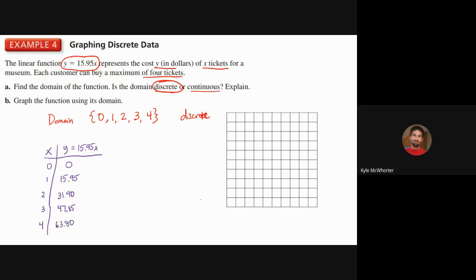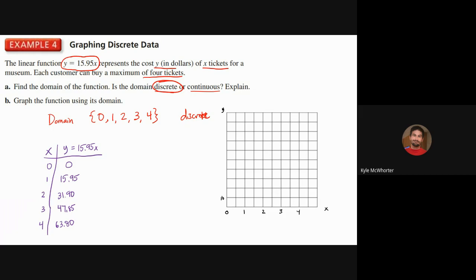So now I need to set up my graph. So I can go 0, 1, 2, 3, 4. These are my possible X values. The Y values range from 0 to more than 60. So if I go 10, 20, 30, 40, 50, 60, 70, that should work.